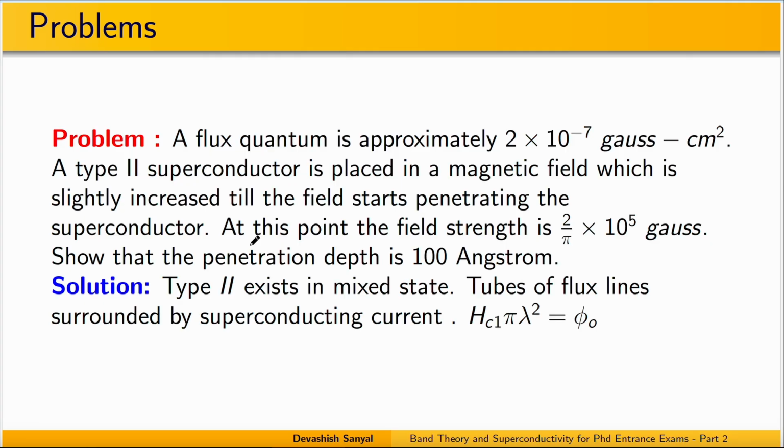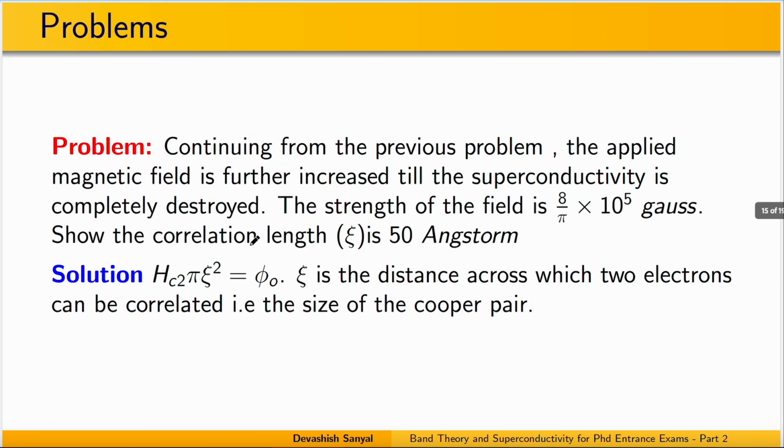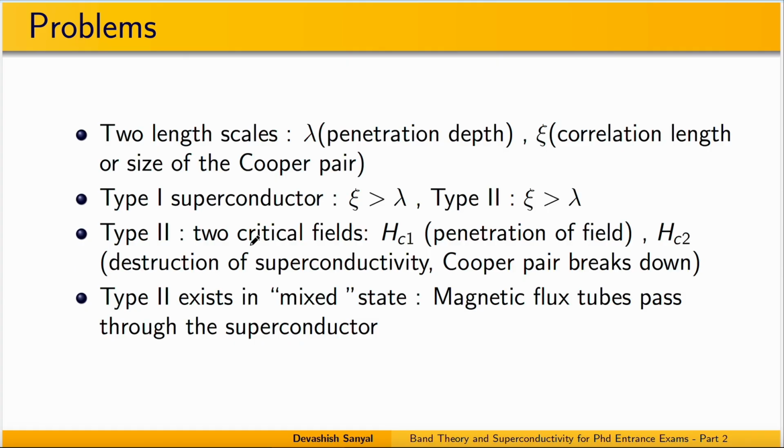We go to the next problem, and two problems are related to superconductivity. Before we go to these problems, the answer is very short, but some concept is involved, so I am going to give you the concept in brief. In superconductivity, there are two length scales. One is lambda, the penetration depth, the depth to which the magnetic field can penetrate the superconductor.